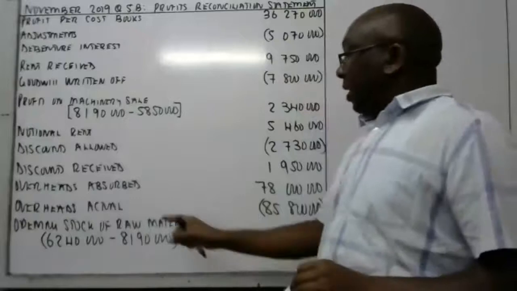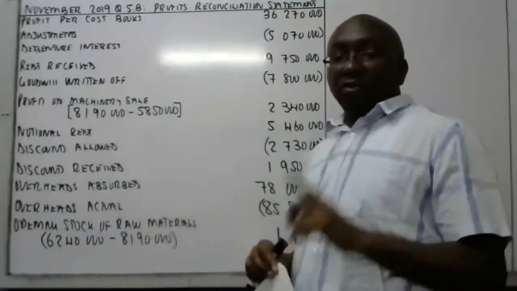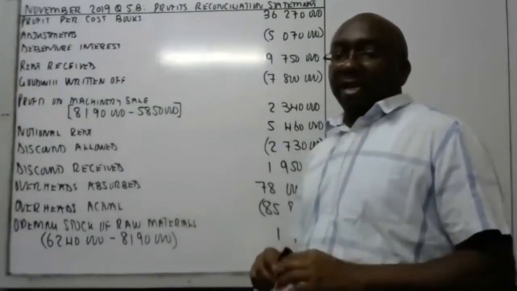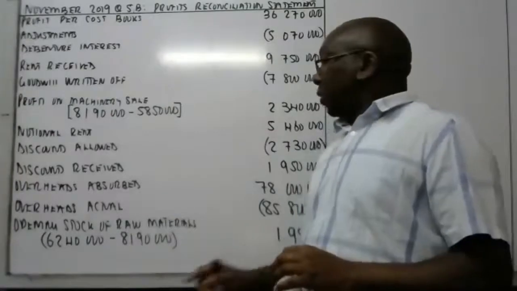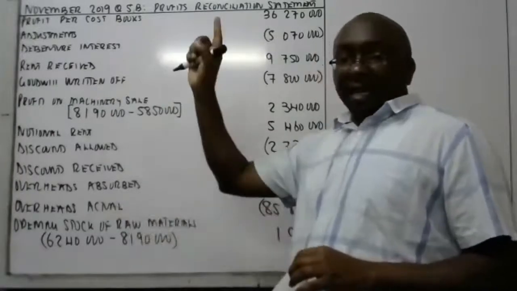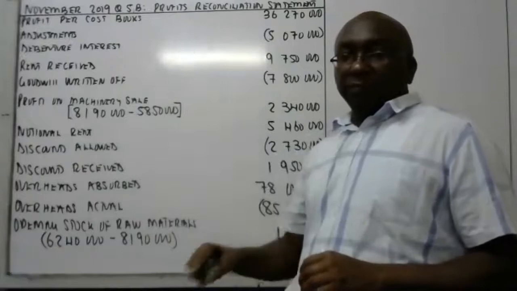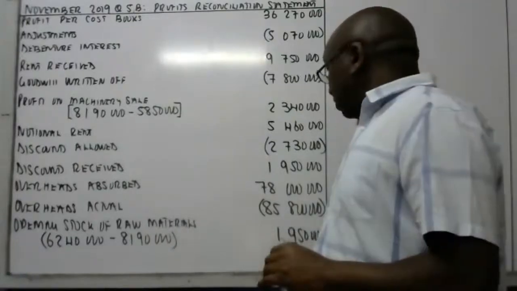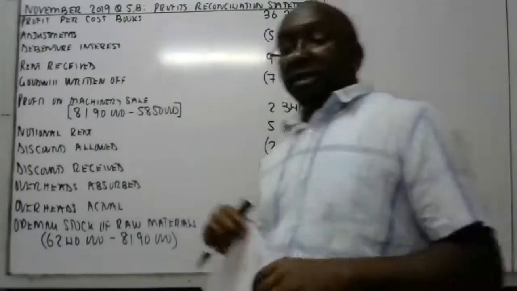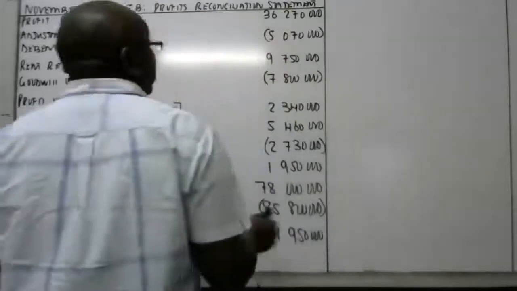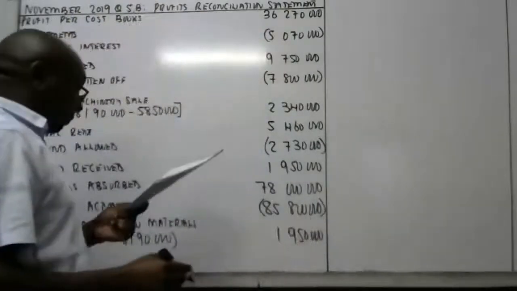And we said opening stock and profits, they move towards opposite directions. So when this was overstated, profit went down. So to bring it down, you are supposed to add.